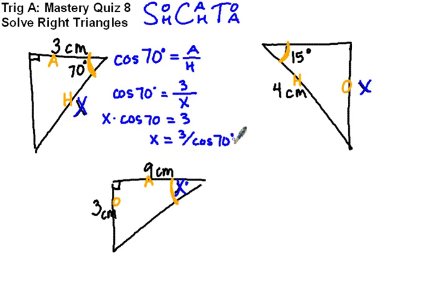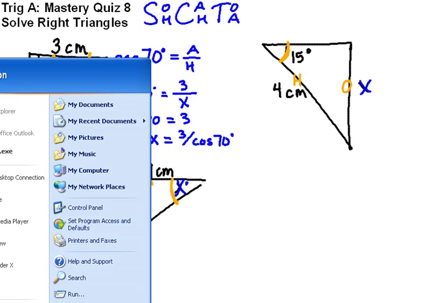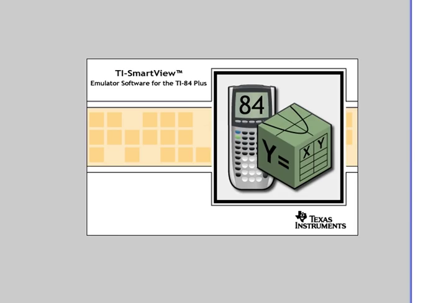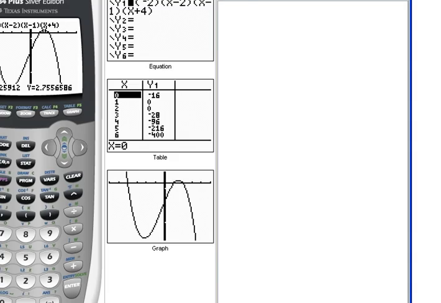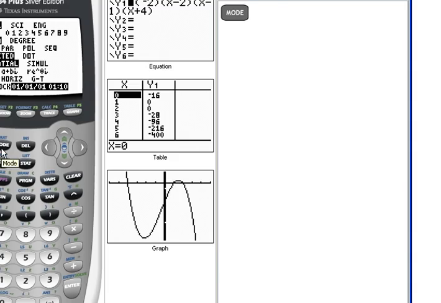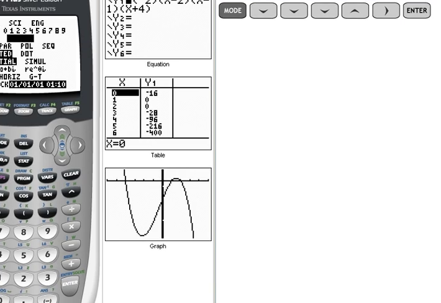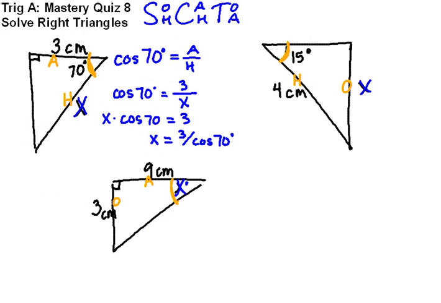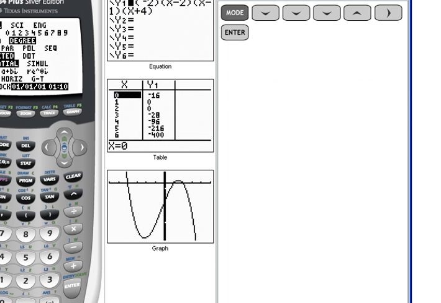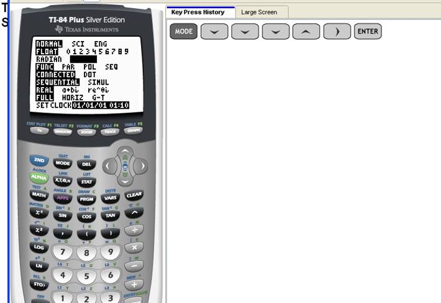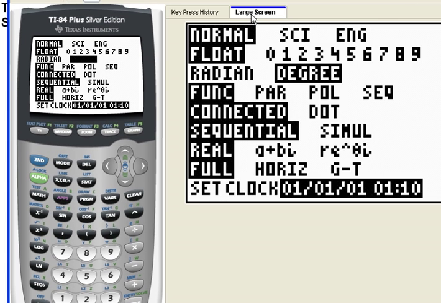Okay, grab your trusty calculator. Make sure you are in degrees because this problem is in degrees. Okay, I'm in degrees, sorry about that.